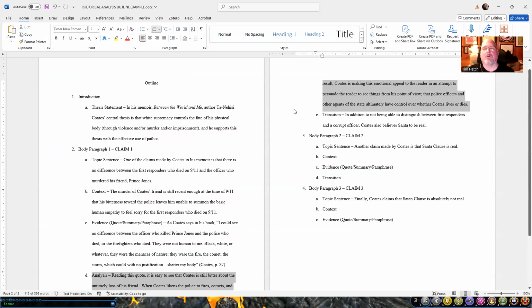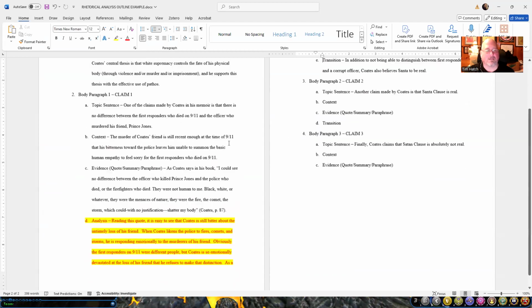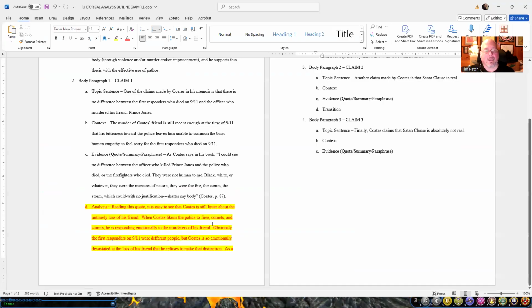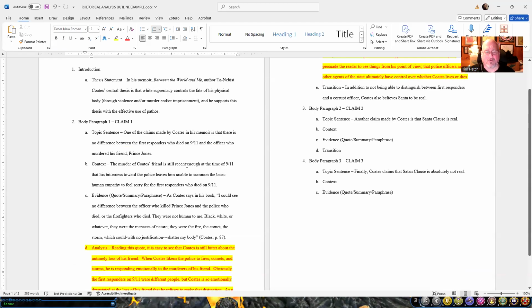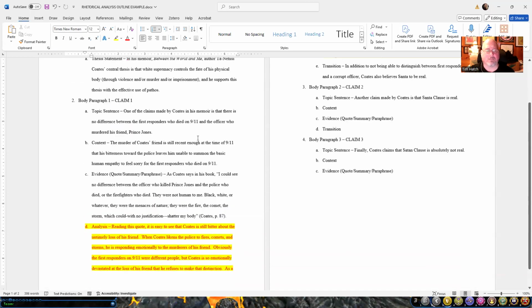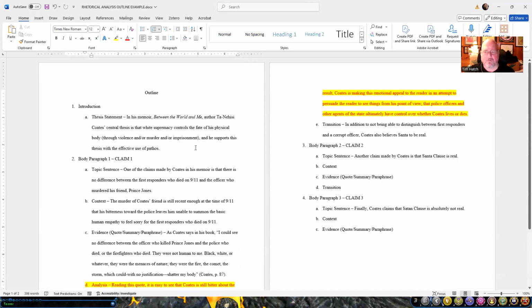I'm going to highlight all this red text and yellow background. That's ugly as sin, but whatever. You'll know that the part that is highlighted does not have to be done for the outline assignment. That was just me giving you an example for the analysis you'll need to write when it comes to your rough draft. Hopefully that makes sense.